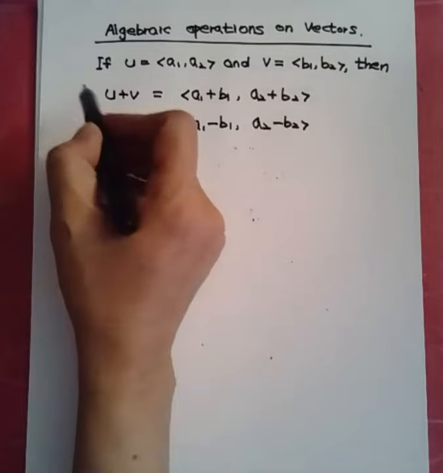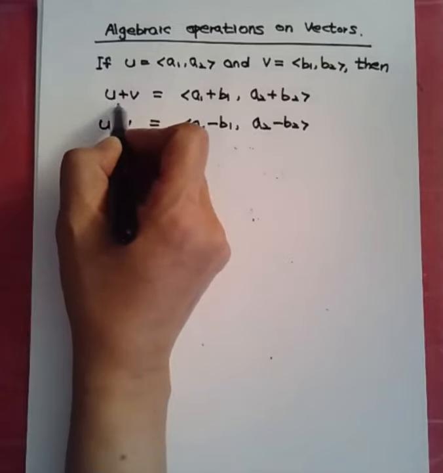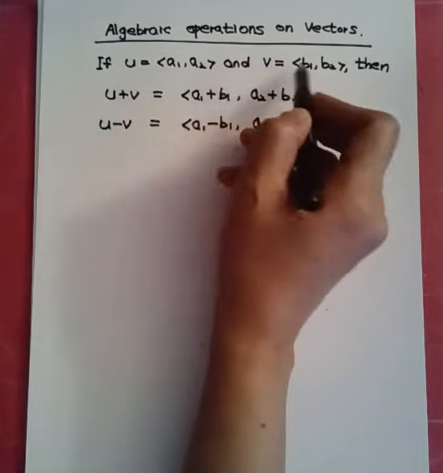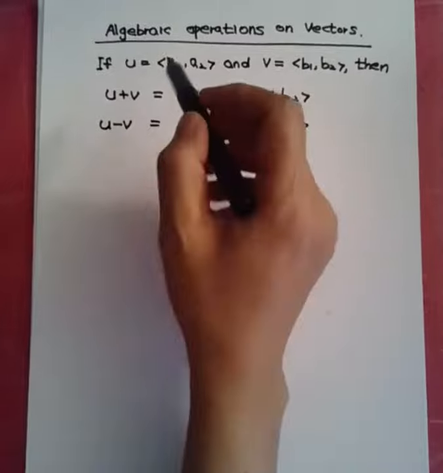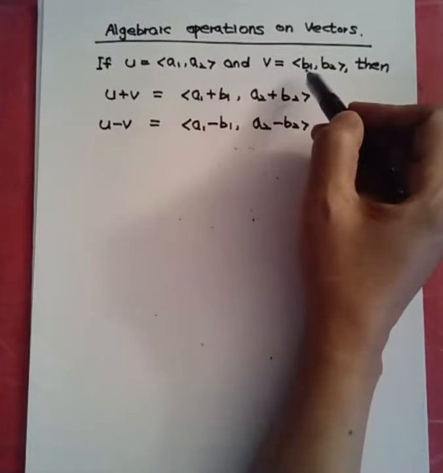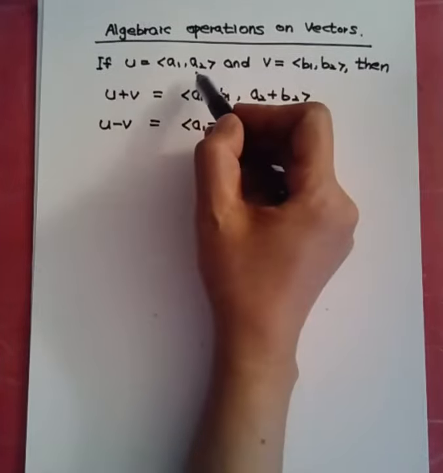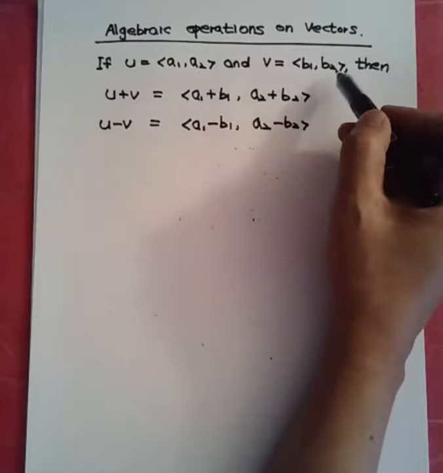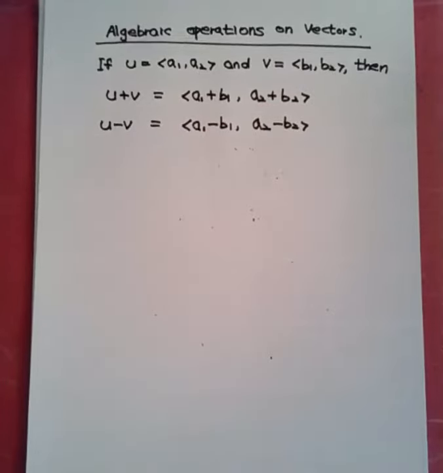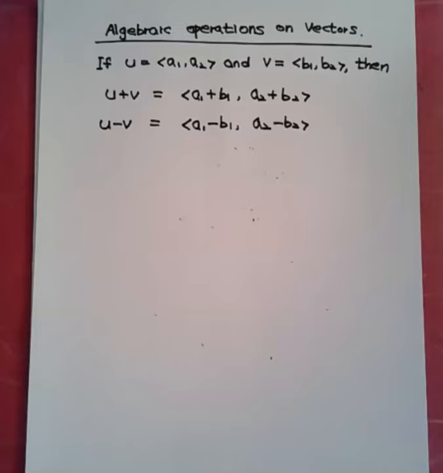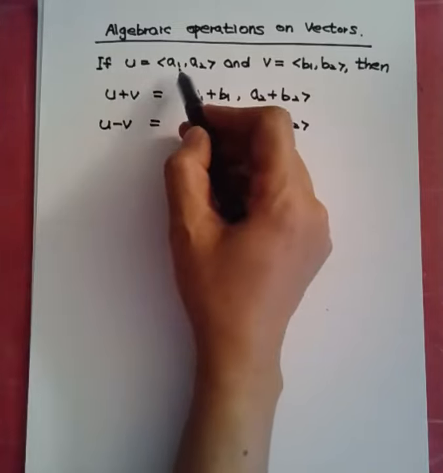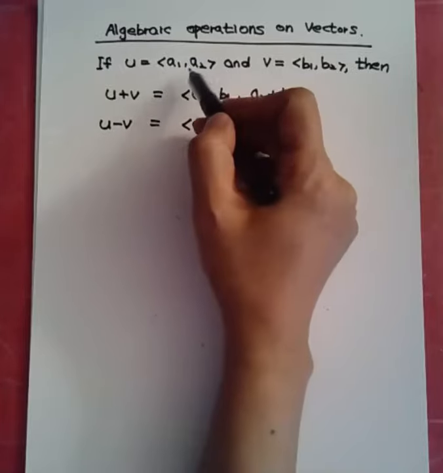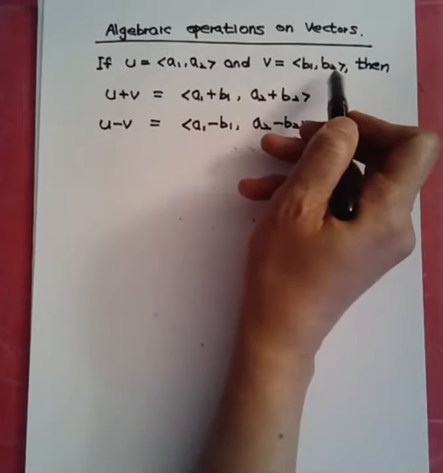Then when we add two vectors, we just add them component-wise. X coordinates will be added together and y coordinates will be added together to form the vertical component, and we do the same for u minus v: a1 minus b1, and a2 minus b2.